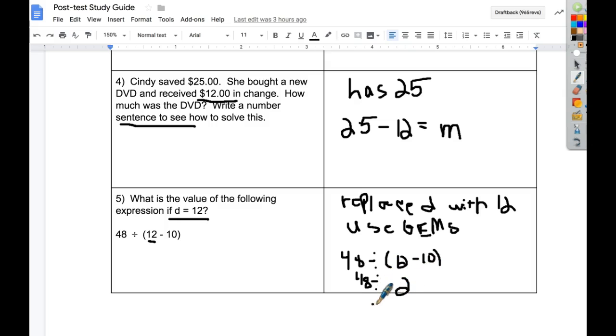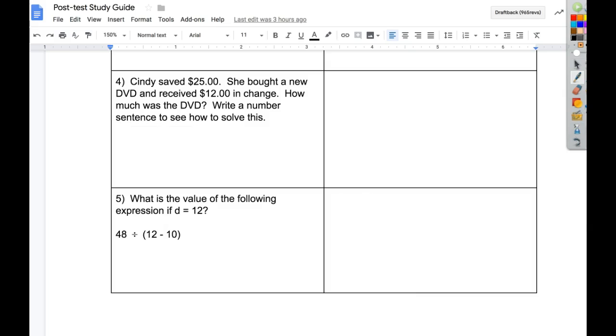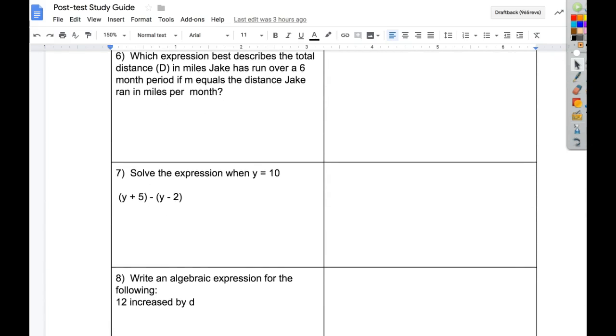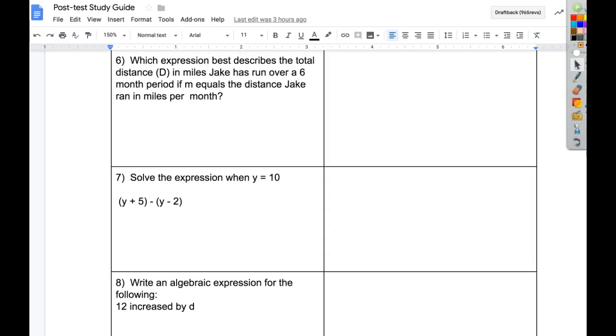And 2 goes into 48 24 times. Okay, and that's the value of that expression. Okay, moving on. And we'll look at 6, 7, and 8.